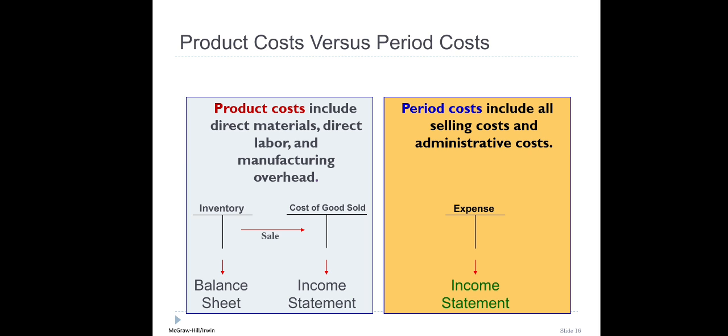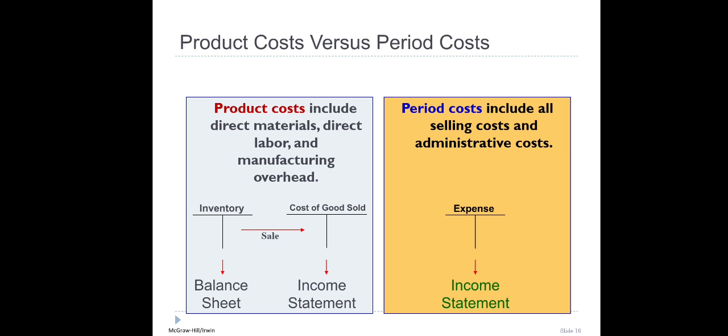So remember this, product cost equals direct material and direct labor and manufacturing overhead. So if there is a question asking what the costs are that a business has to pay to produce a product, the answer is direct material plus direct labor and manufacturing overhead.